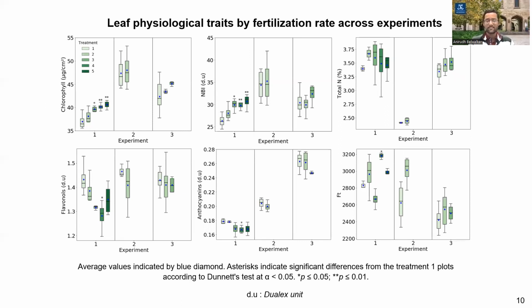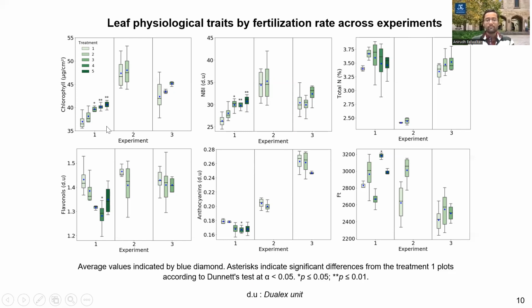Now the results. So in experiment 1, leaf physiological traits were significantly different across plots fertilized with different application rates. Whereas for experiments 2 and 3, differences were non-significant, but there is a visible variation in the leaf physiological traits.